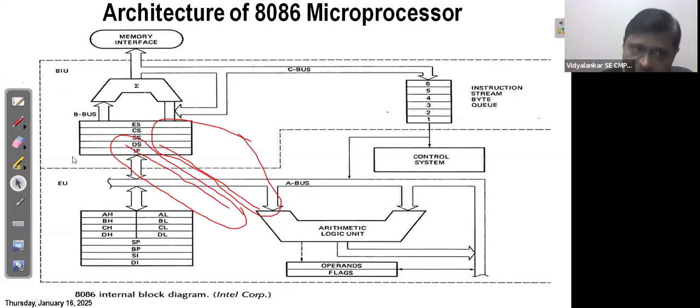And the second stage, which is responsible for decode and execute, is called EU, that is Execution Unit. So the execution unit of your 8086 will do decode and running of the instruction, and BIU will do fetching of the instruction. That is how your processor is designed.